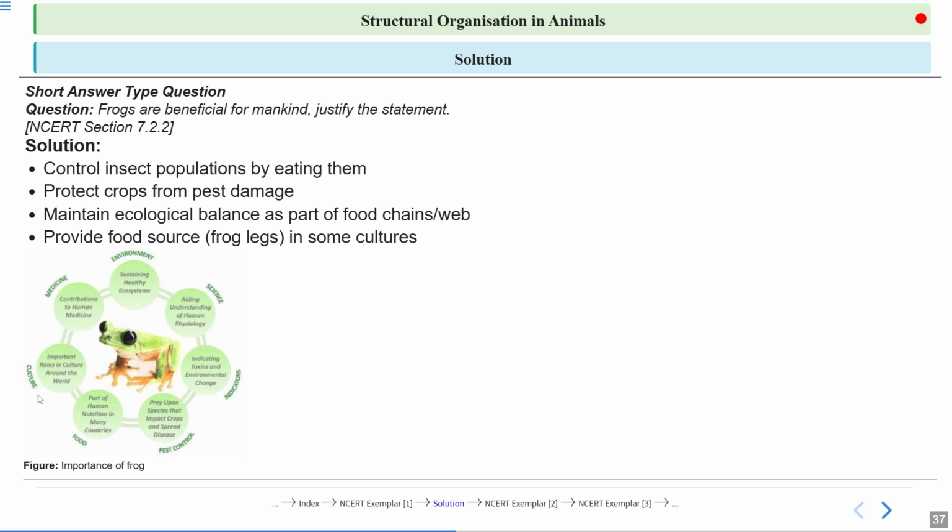They are used as food, with an important role in culture around the world; medicine, contributing to human medicine; environment, sustaining a healthy environment; science, aiding understanding of human physiology. Yes, while studying the frog, we can understand how the human internal body could be. And as indicators, they indicate toxins and environmental changes. Not only this, they are helping in pest control as well.